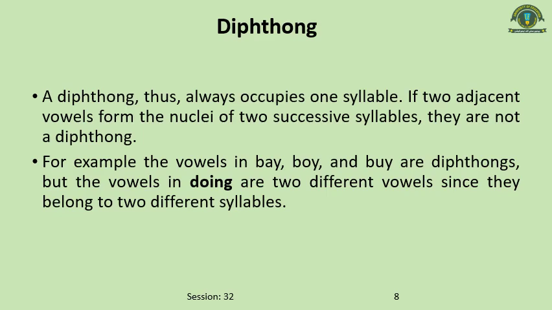For example, now take up the example, three words are there in front of you. The statement I have read, I repeat for you. A diphthong thus always occupies one syllable. If two adjacent vowels form the nuclei of two successive syllables, they are not a diphthong.